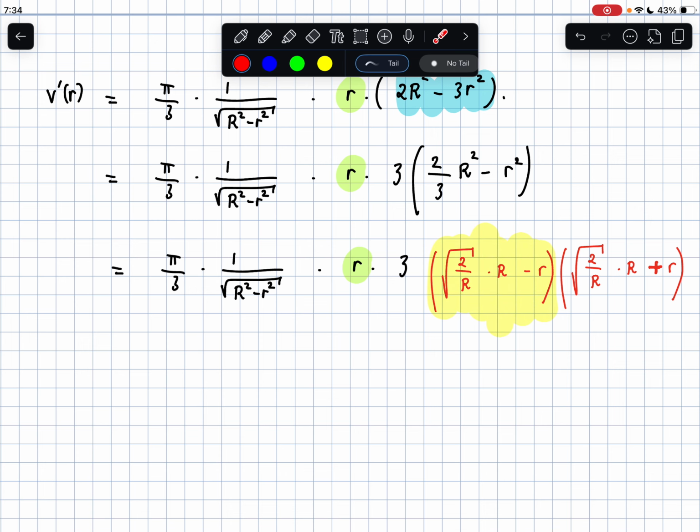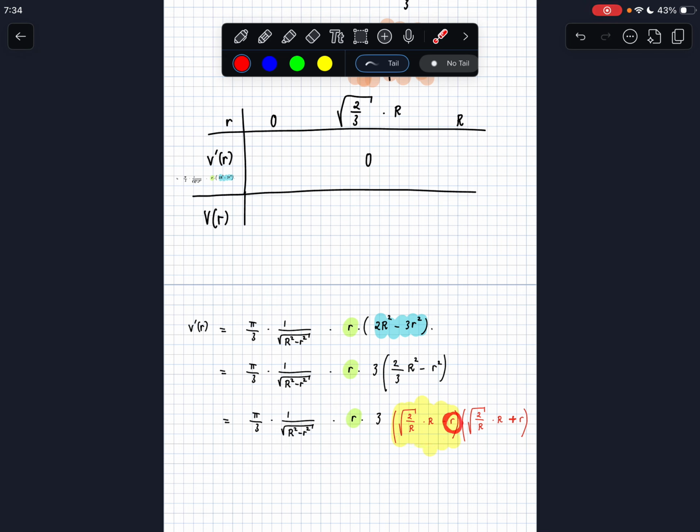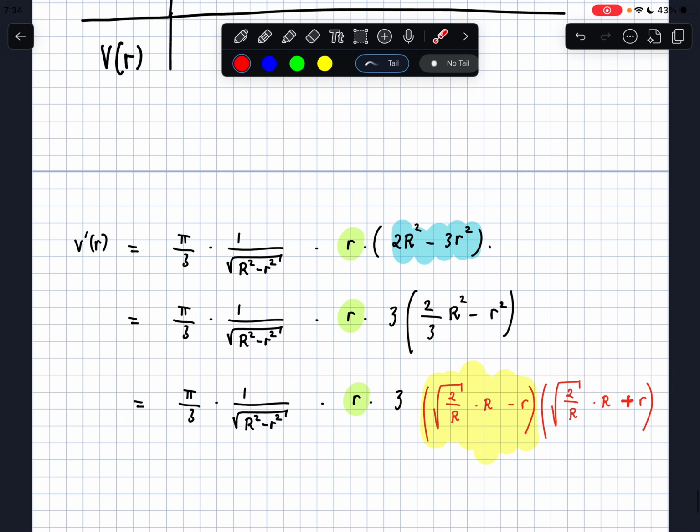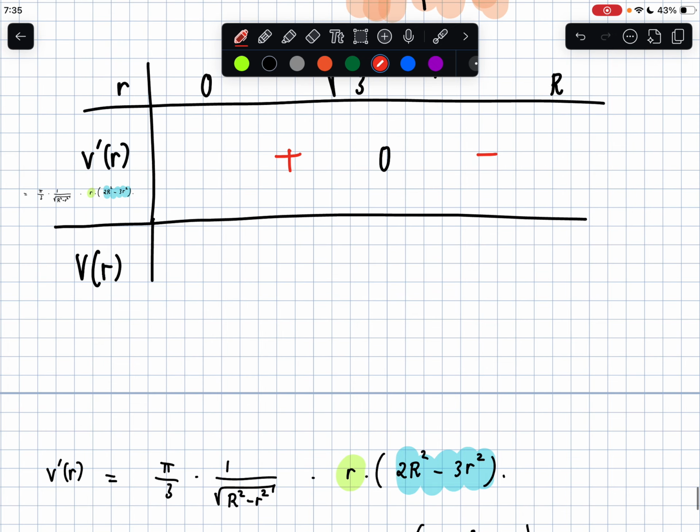So when small radius is less than this number, then this term is positive. I hope you can see that clearly. This term is positive when small r is less than this, and negative here. And therefore volume is increasing here, decreasing here.